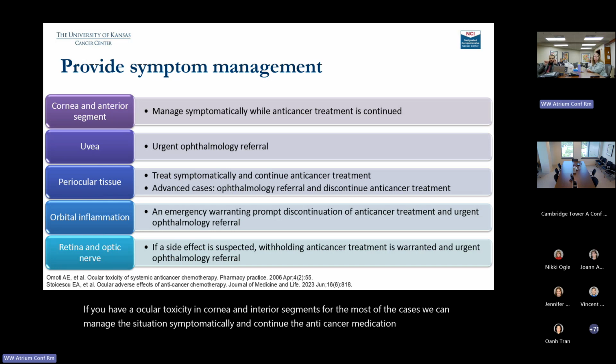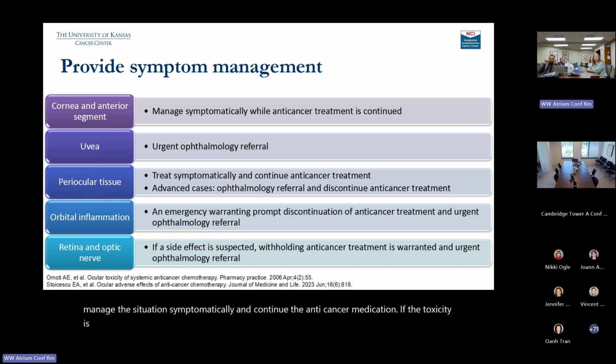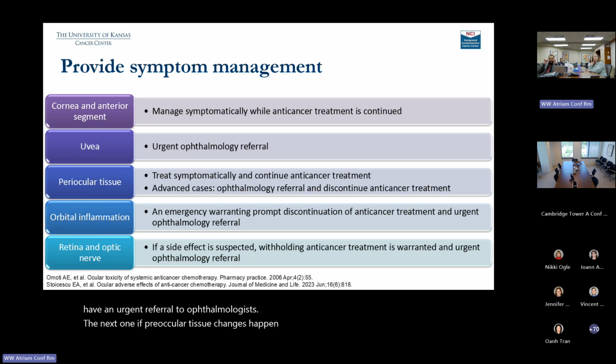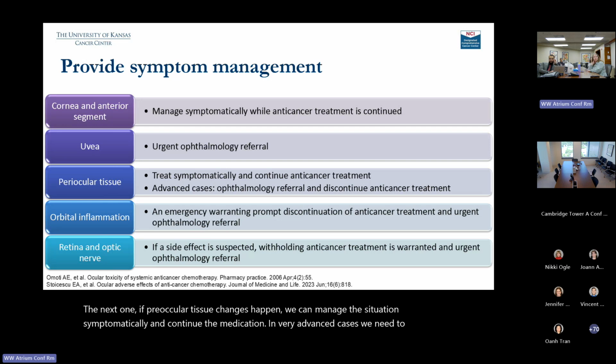If the toxicity is in the uvea and we suspect drug-induced uveitis, we need an urgent referral to an ophthalmologist. If periocular tissue changes happen, we can manage symptomatically and continue the medication. In very advanced cases, we need a referral to a specialist.